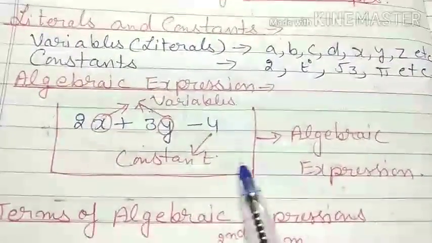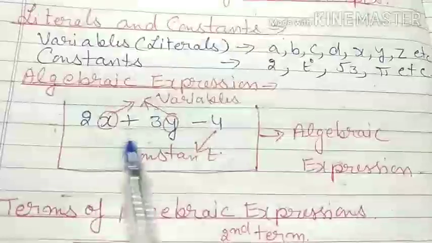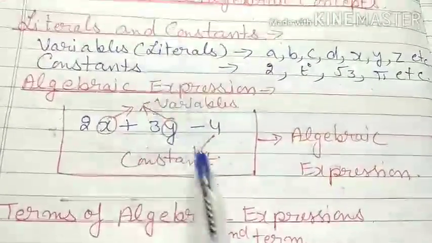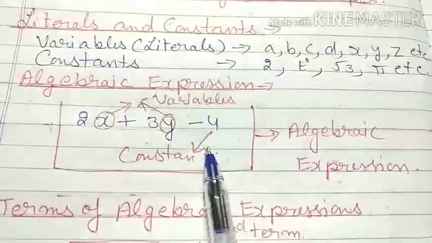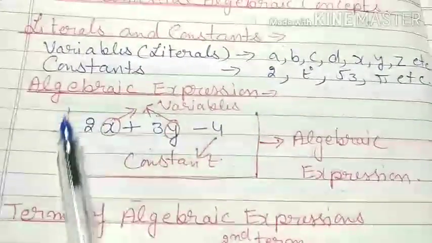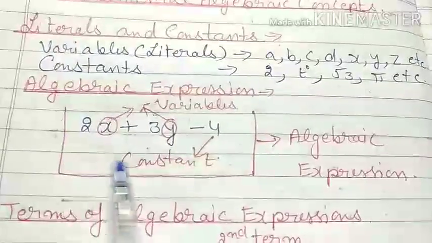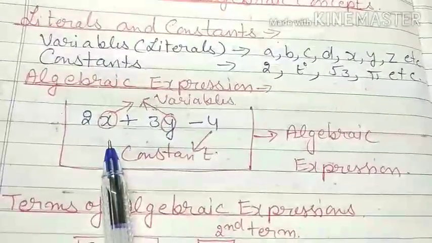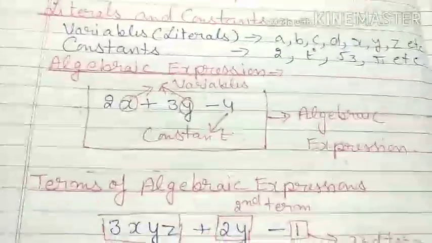One example is 2x plus 3y minus 4, in which x and y are variables, and the term that does not contain any variable is called the constant term. The whole combination of variables and constants with arithmetic operators, we call an algebraic expression.